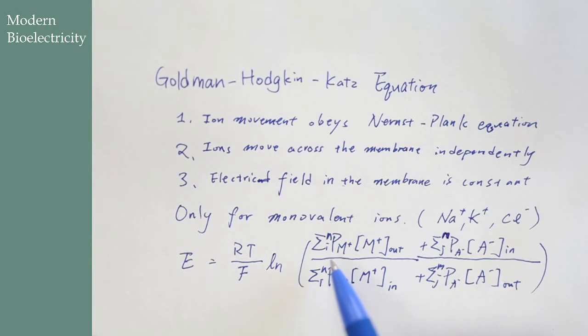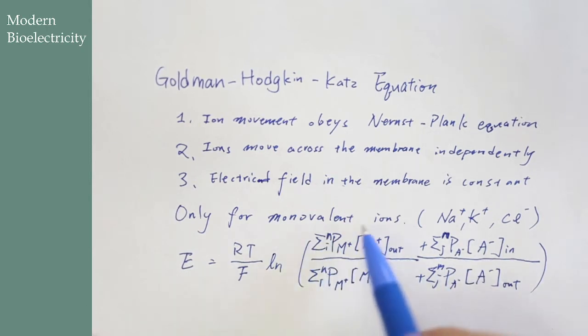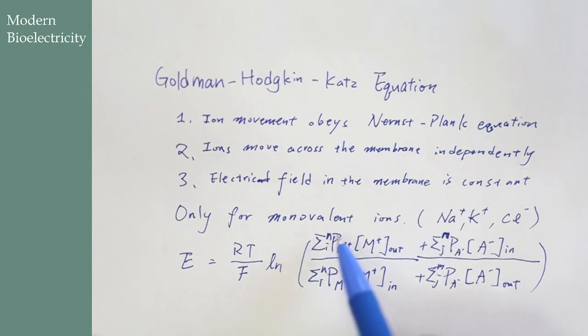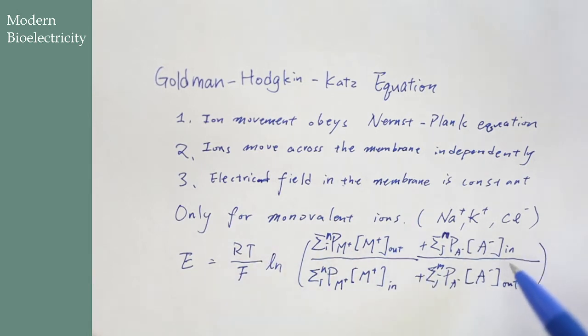So we add all the positive charge ions' concentration with their permeability together with all the negative charge ions with their permeability, inside and outside the membrane, and we take the log, and we can use this to calculate the relative membrane potential.